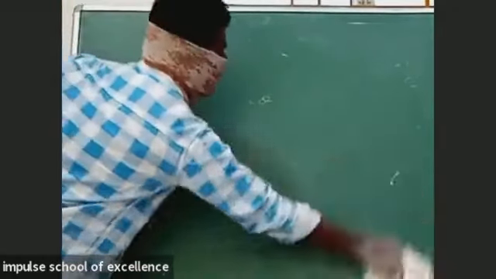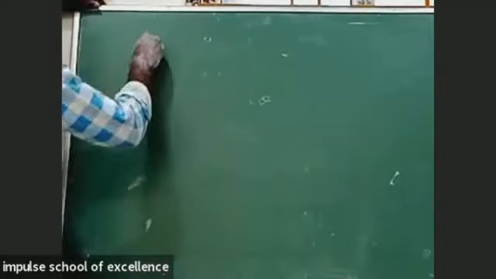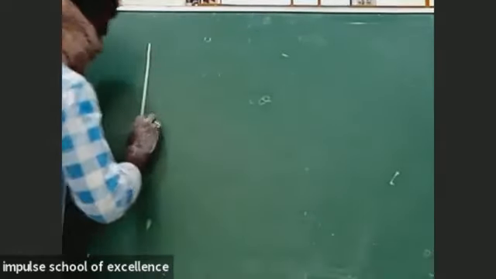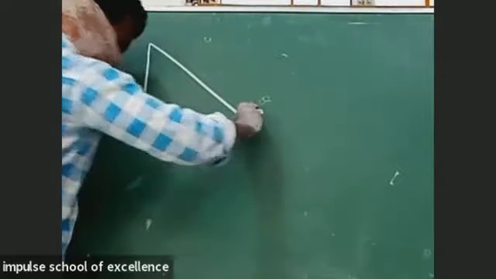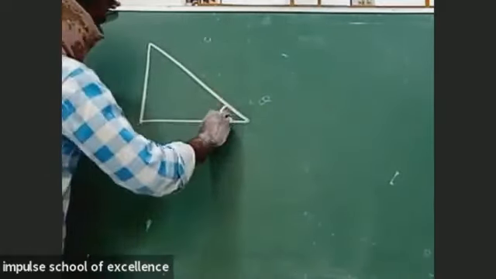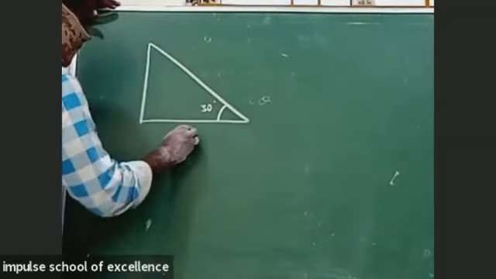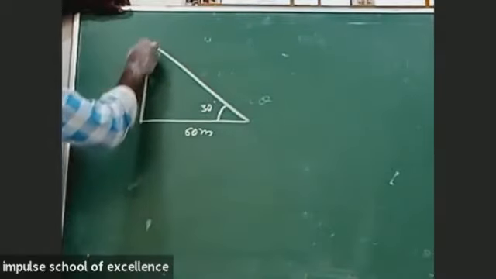Then what is the height of the tower? So here they give like there is a tower. From this tower to somewhere there is an angle of elevation. The angle of elevation here is 30 degrees, and the distance is 60 meters. So we need to calculate its height.